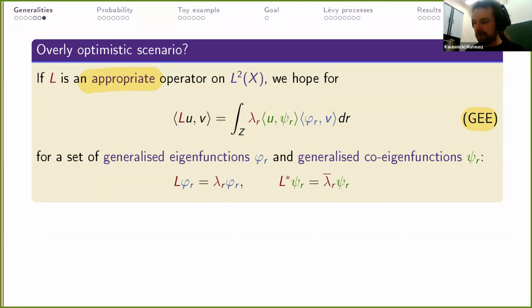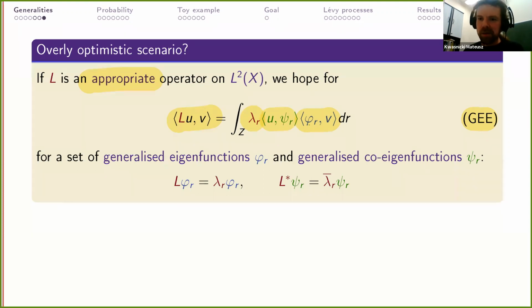What we would expect is that the bilinear form of L is given again by the integral over an appropriate measure space Z of eigenvalue lambda r times the scalar product of u with psi r and the scalar product of phi r with v, where psi r and phi r are generalized eigenfunctions and co-eigenfunctions.